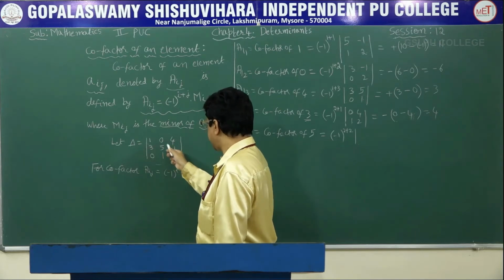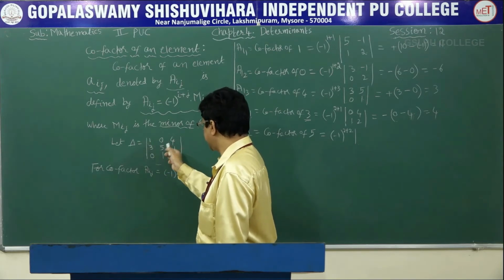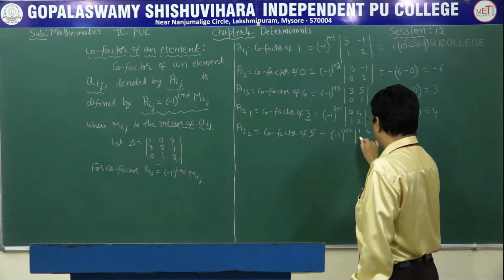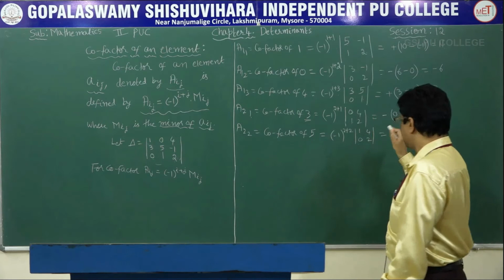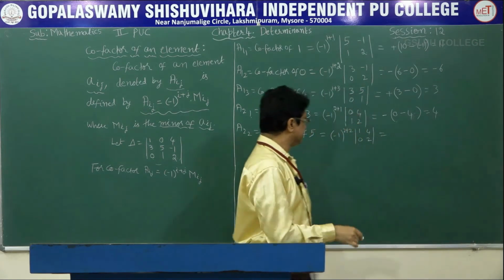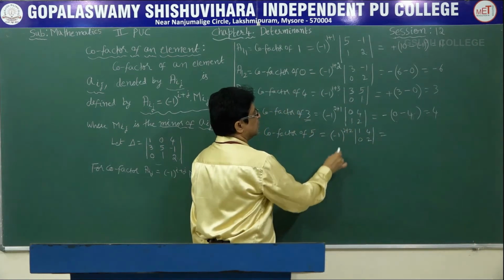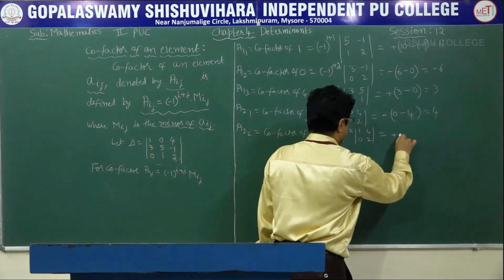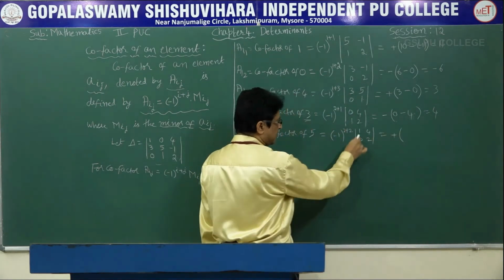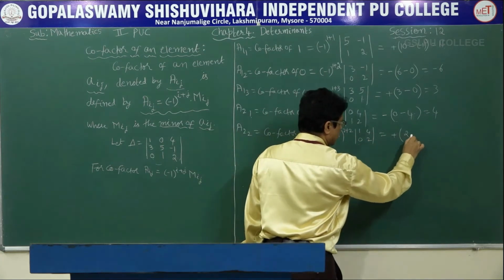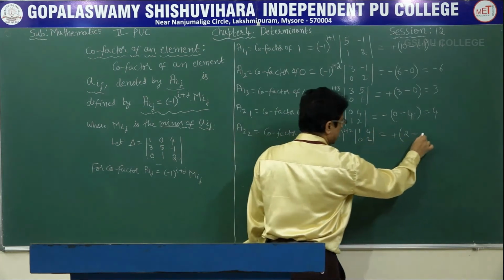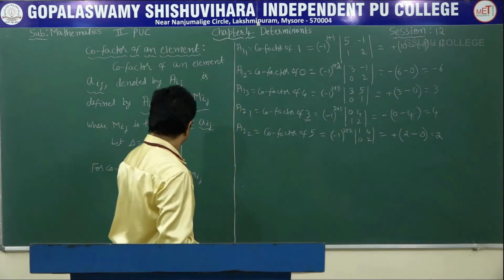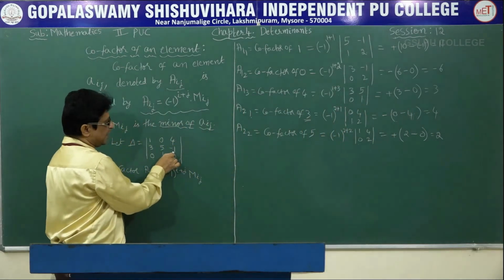So I eliminate the second row and second column. I take the determinant of the remaining elements, that is [1, 4; 0, 2]. 2 plus 2 is 4, so (-1) to the power of 4 is plus 1. So it is plus the determinant, 1 into 2, 2, minus 4 into 0, 0, which is equal to 2.